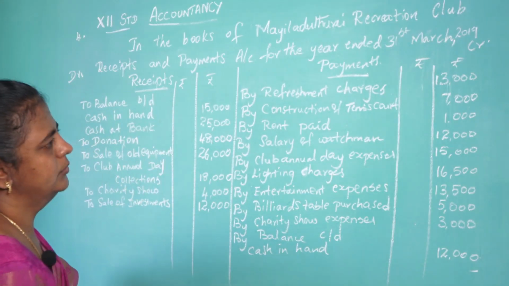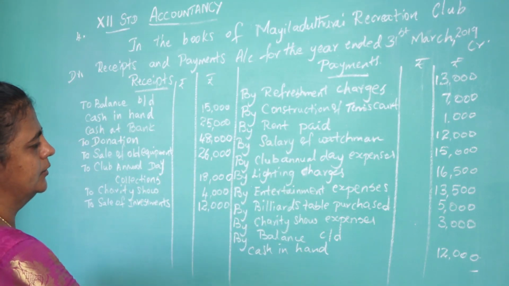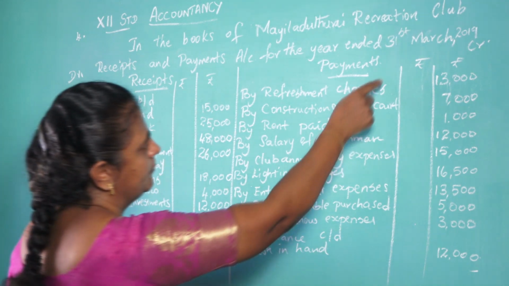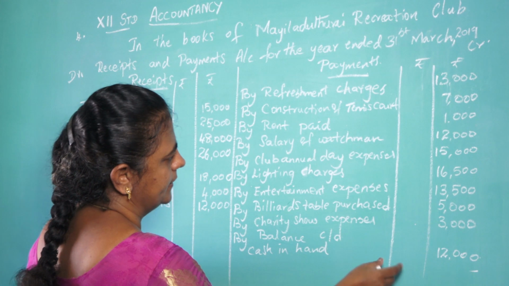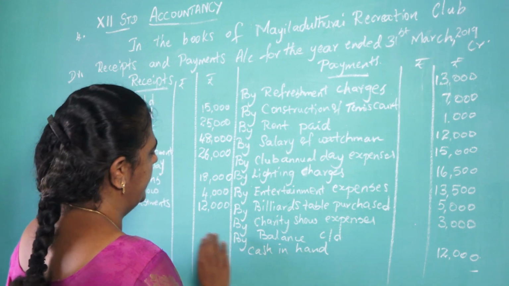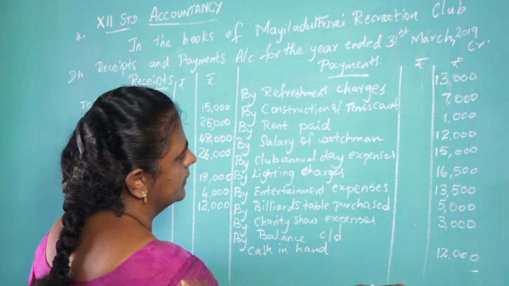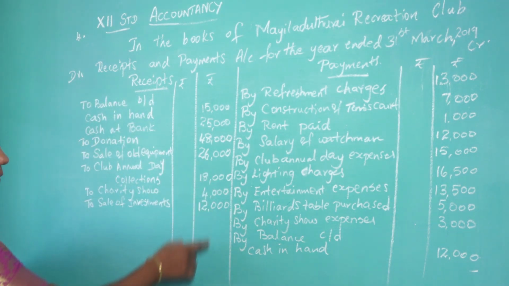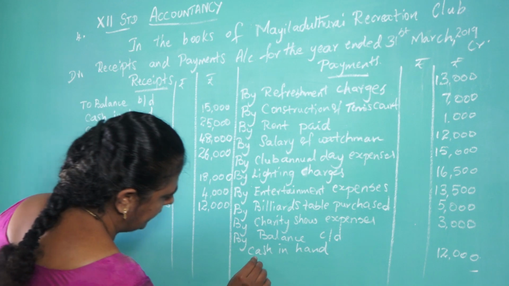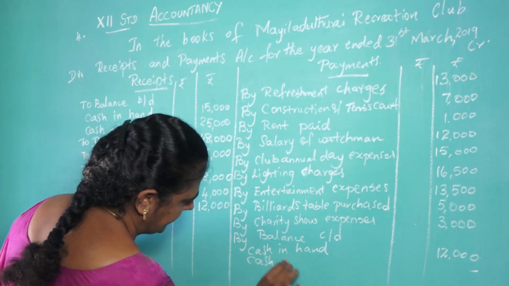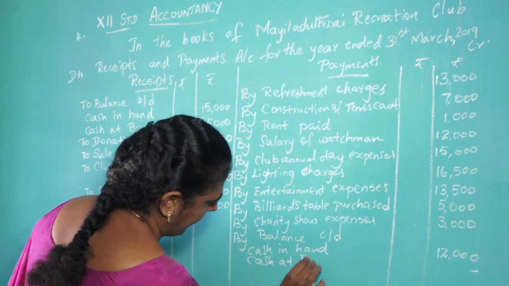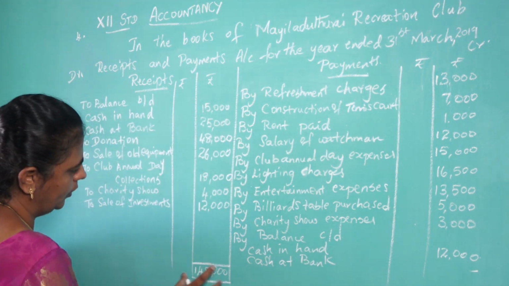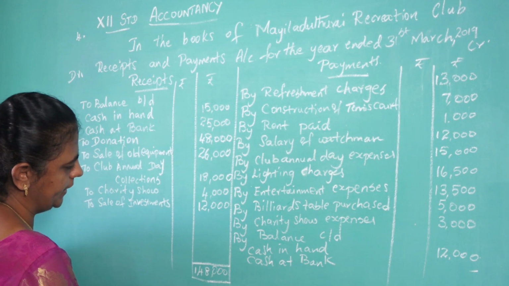Now what you have to do is put the total of the receipts. Add all the receipt side, the debit side, and all the credit side. Find which is greater, whether debit is greater or credit is greater. The debit side is more, so you put the balance here, cash at bank. Put the total 1,48,000.